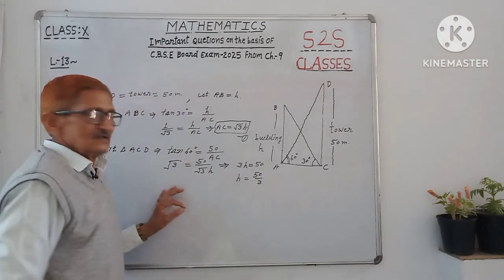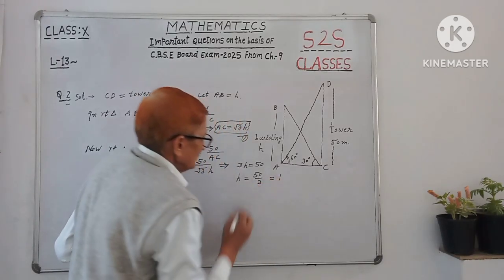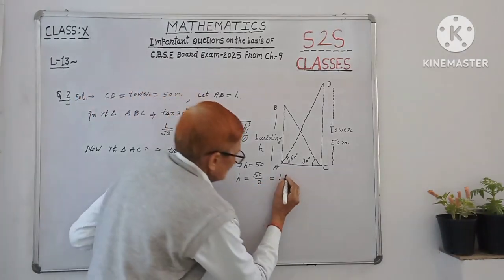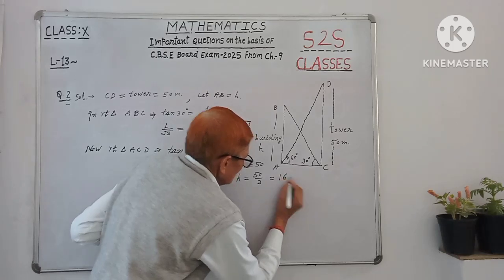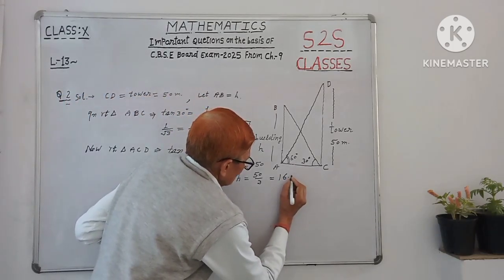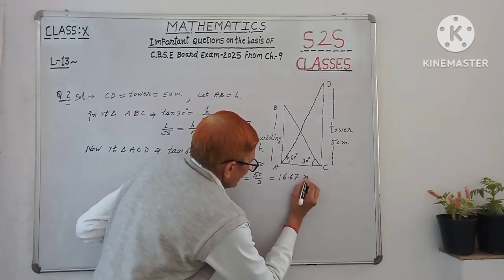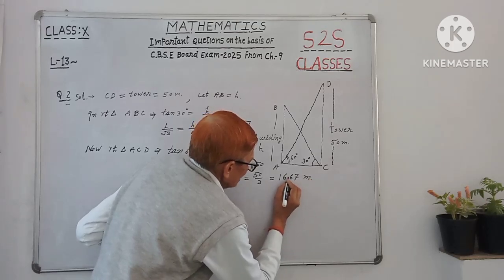Okay. Approximately how much does it come? 3 times 1 is 3, 2 20, 3 times 6 is 18, then 20, then again 6 6. So 16.67, we can see, approximately this many meters is the answer.